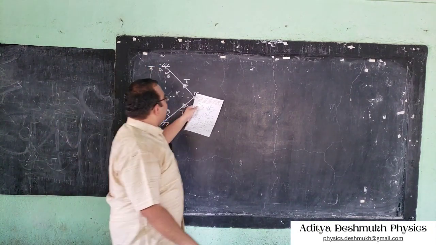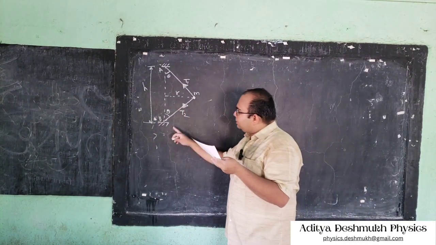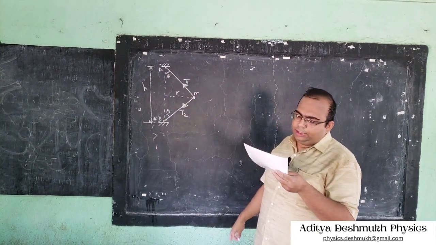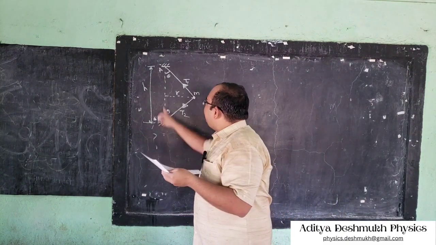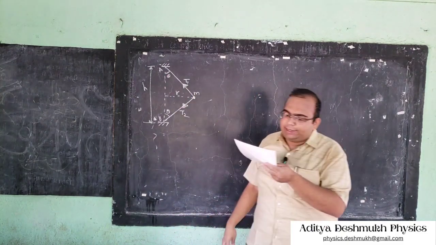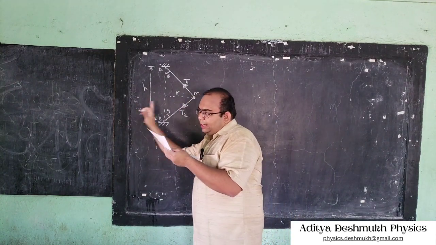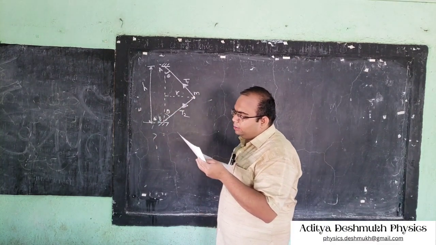A particle is attached by means of two equal strings to point A and point B in the same vertical line, and that particle describes a horizontal circle with a uniform angular velocity.